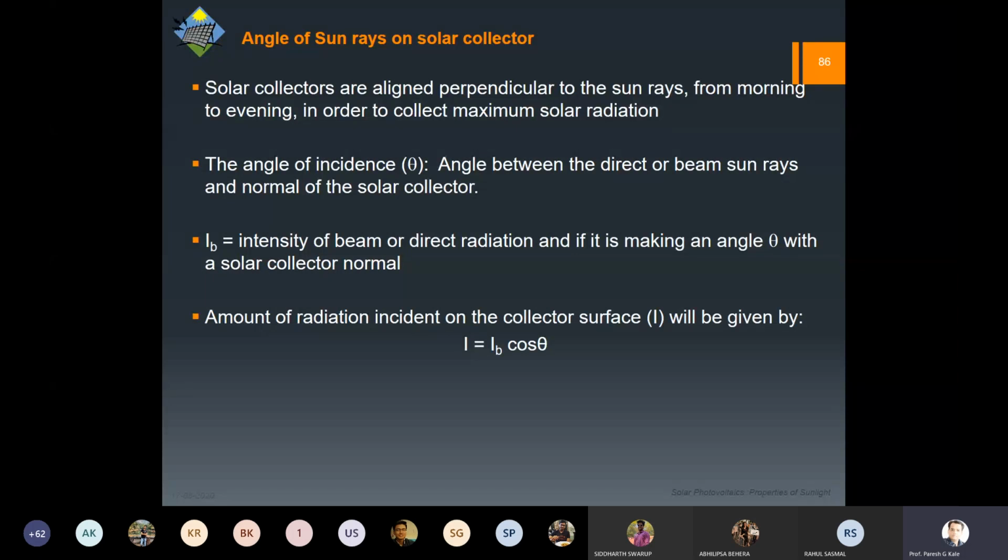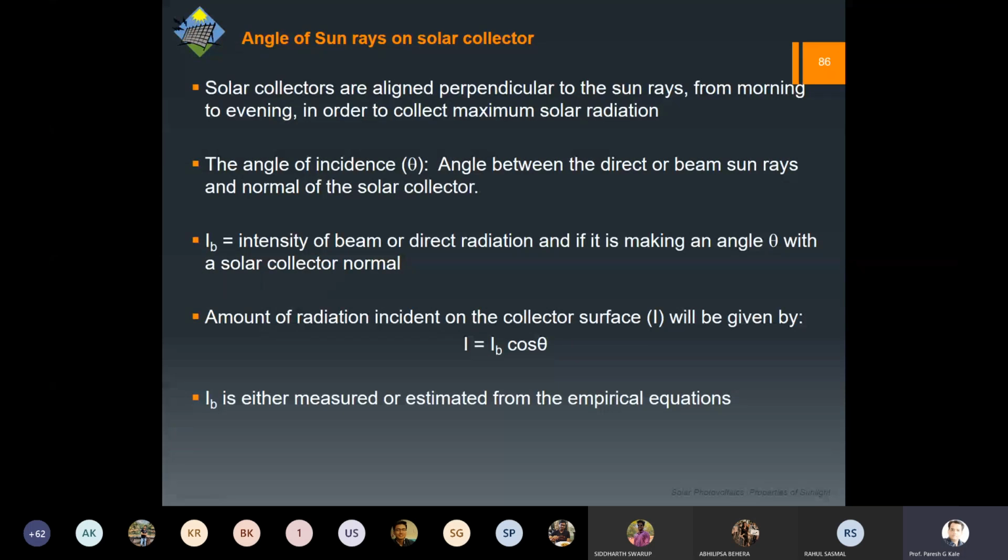So this theta is changing because the position of the sun is changing. As far as this IB is concerned, either we can estimate it, there are empirical formulas, there are tables which are given, because these radiations are not going to change really even for hundreds of years, considering the lifetime of Earth and Sun.